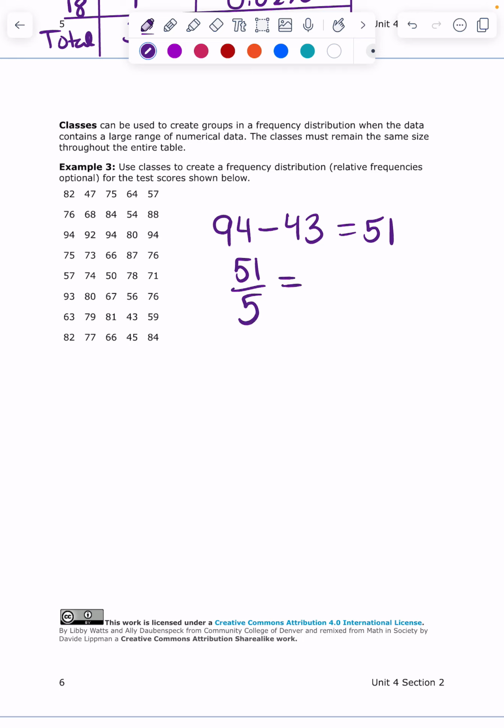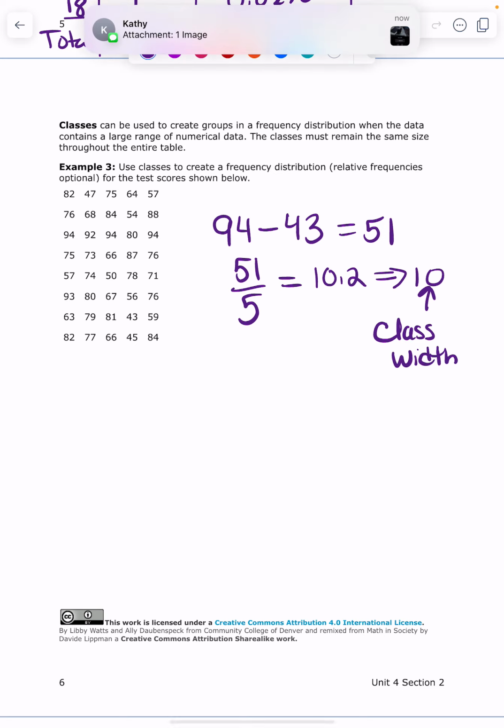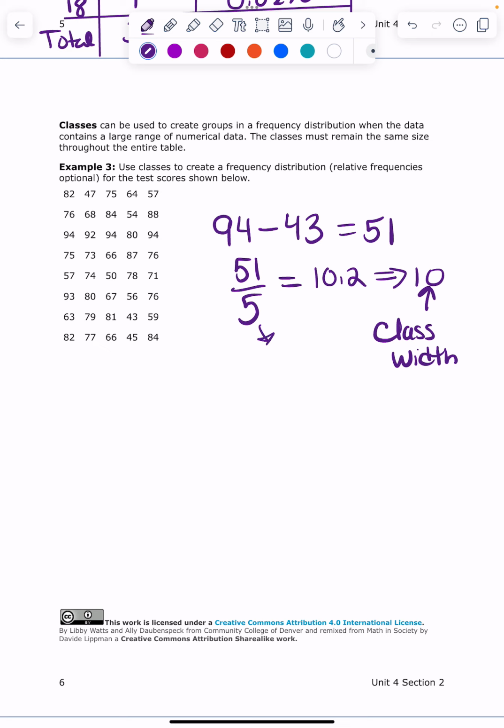If you divide 51 by 5, you get 10.2. And then you turn that into the next whole number, so you want it to be a nice whole number. So each class is going to have a width of 10.